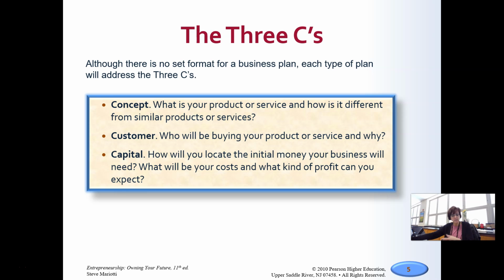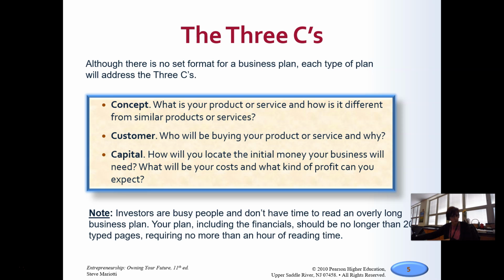And then the concept is, how do you differentiate your business from other businesses? And the reason I said differentiate, because when we do our virtual business SIM, we have to think of that differentiator so that we can set something apart from other businesses that are similar to ours.